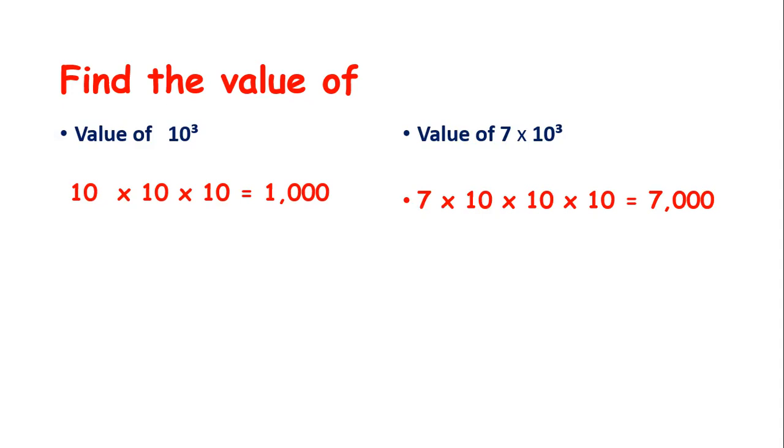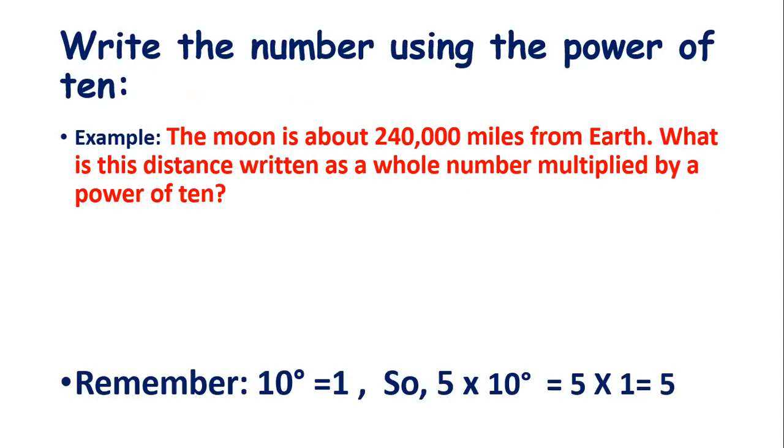Now, there are problem solving questions which you can also work out based on your knowledge about exponents. For example, here, write the number using the power of 10. The moon is about 240,000 miles from Earth. What is this distance written as a whole number multiplied by a power of 10? So, you have 240,000 miles.